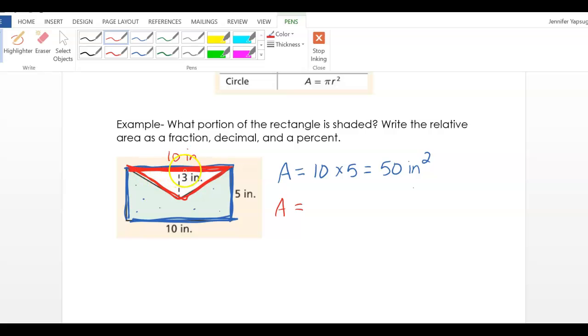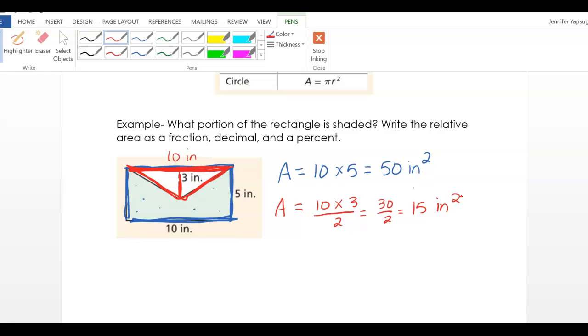My base is 10 multiplied by my height of 3, divided by 2. So I get 30 divided by 2, which is equal to 15 inches squared.